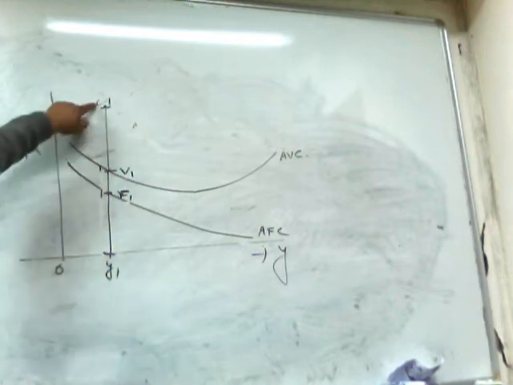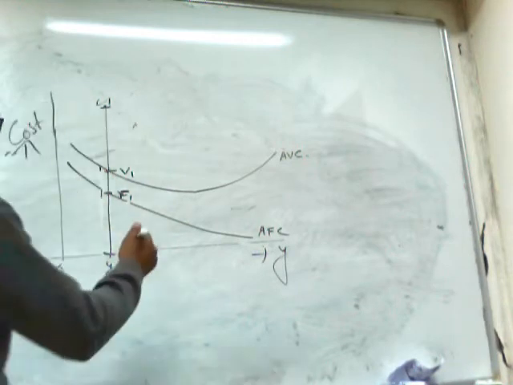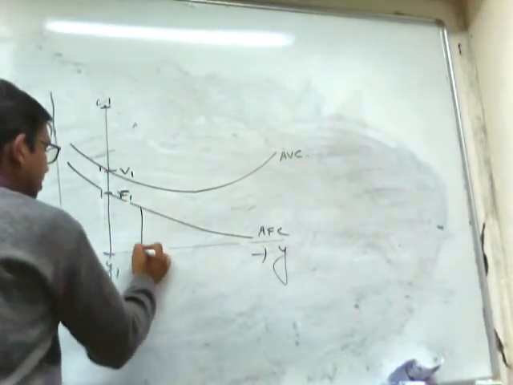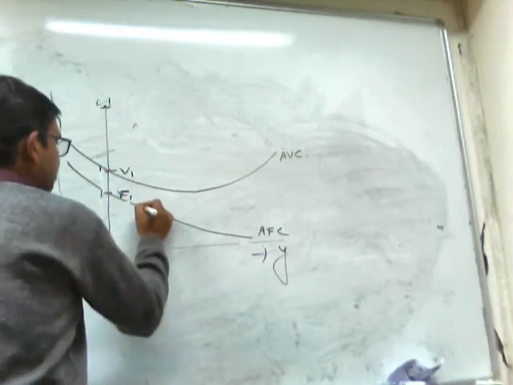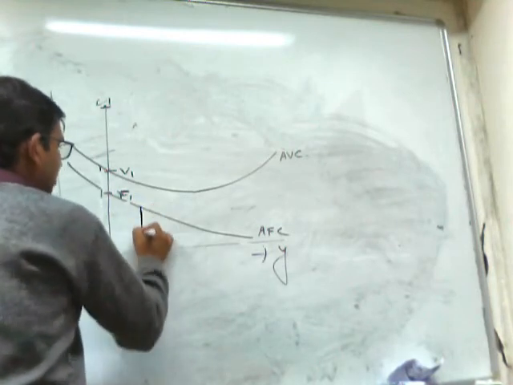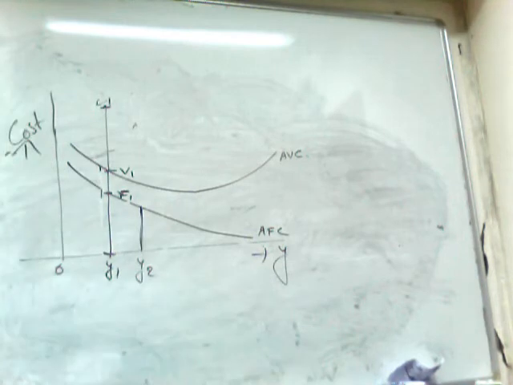Similarly, if we take another point, where the output level is OY2, the average fixed cost is declining, and the average variable cost is also declining.